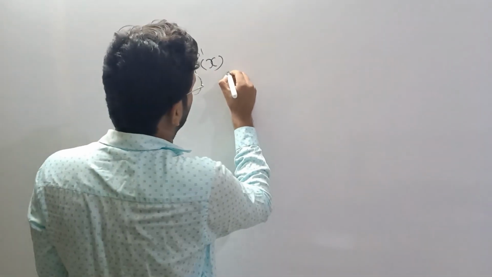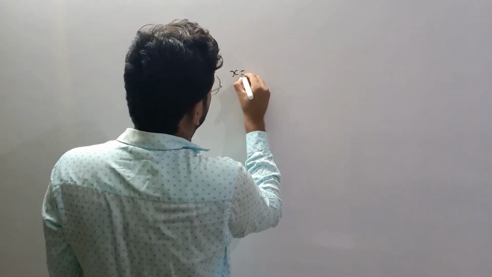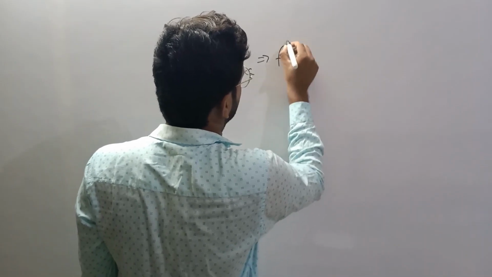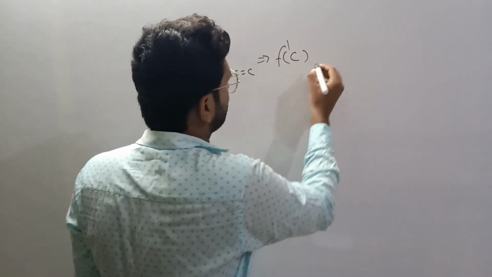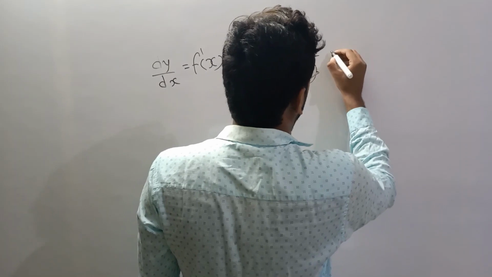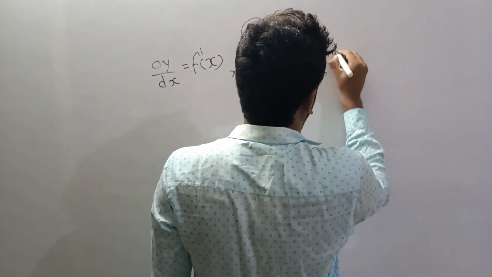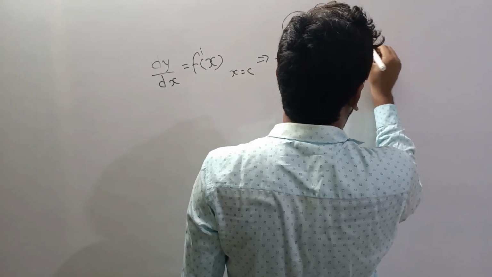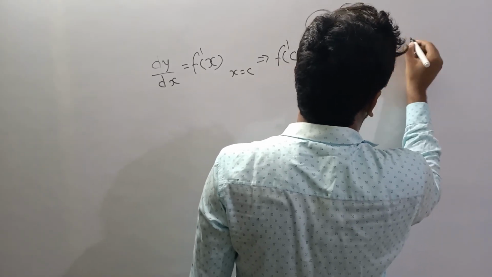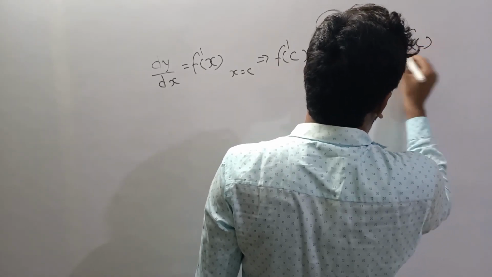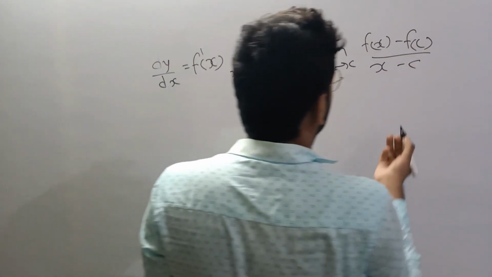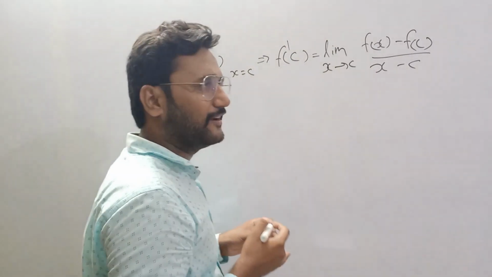At x equals c point, it will be f dash c. So the formula will be the limit x tends to c, f of x minus f of c upon x minus c. This will be our general formula for derivative.